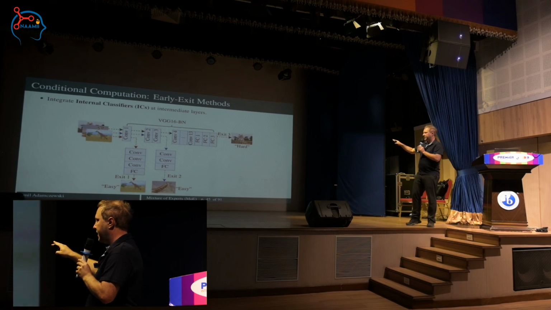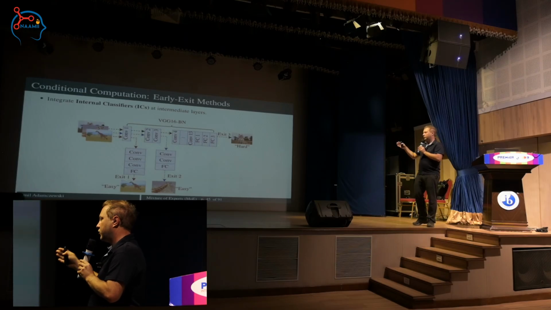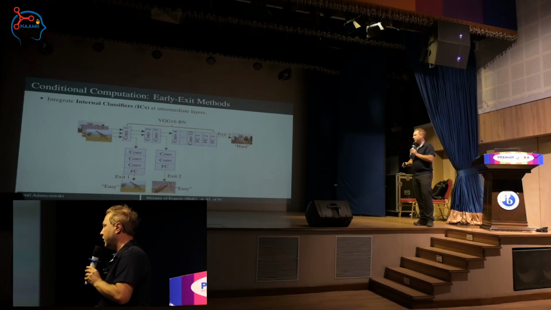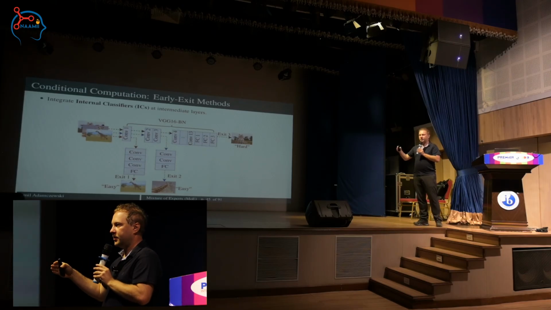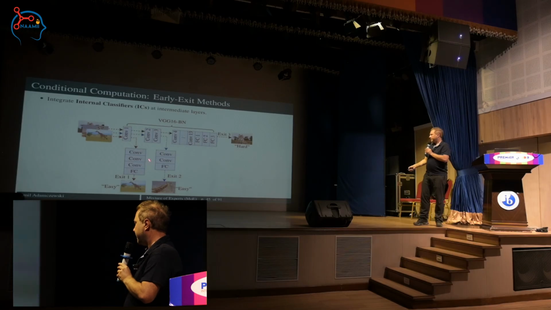This is a convolutional network with several convolutional layers. It could also be a transformer with several blocks. Normally in a typical network we have a classifier at the end.